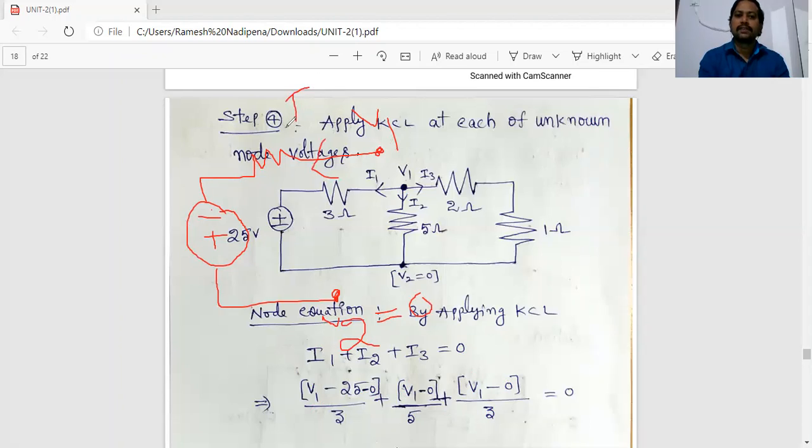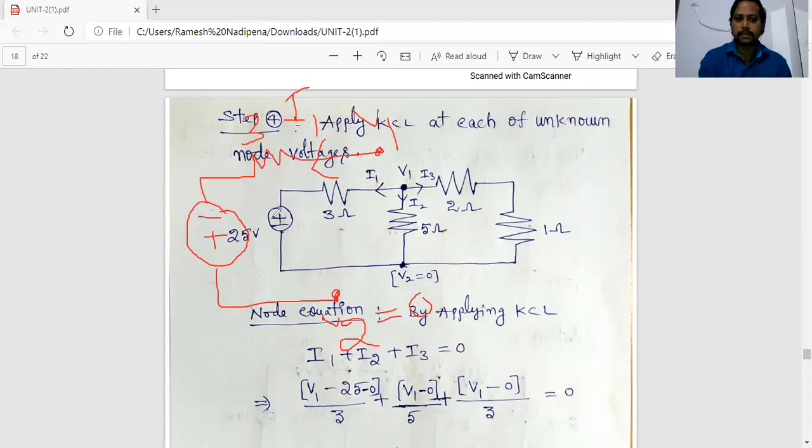Observe carefully, the polarity is different. I have to calculate the I1 value in this branch. I1 equal to V1, and here minus is there, so take the opposite sign of that. V1 plus 25 by 3. That is our I1 value.